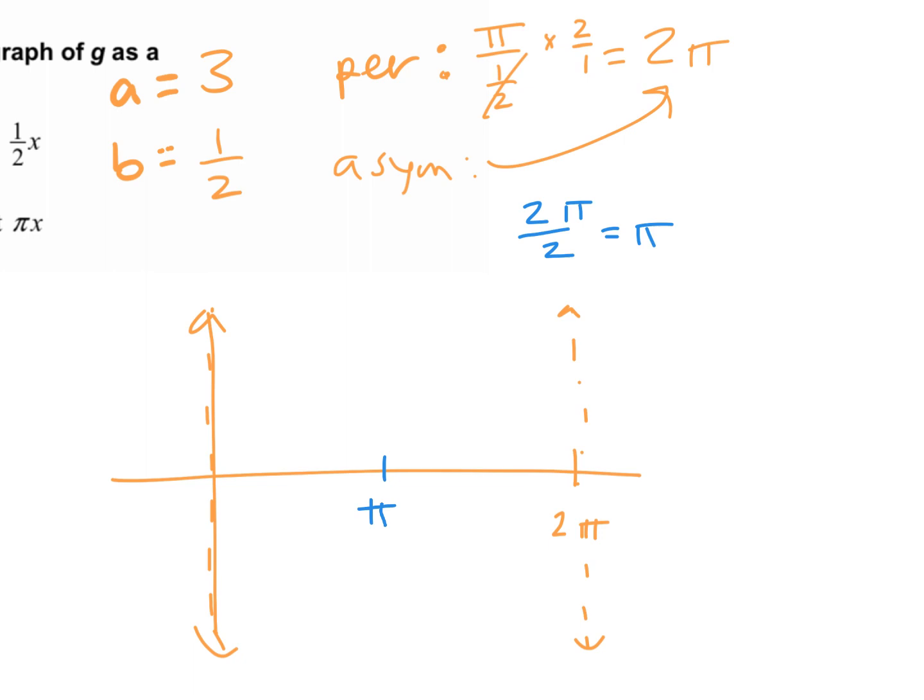So right in the middle, we have pi. We want to find what halfway in between 0 and pi is also. So 1/4 of the way here. How do we find where our first increment is going to be? Divide by 2. So pi divided by 2 is pi over 2.